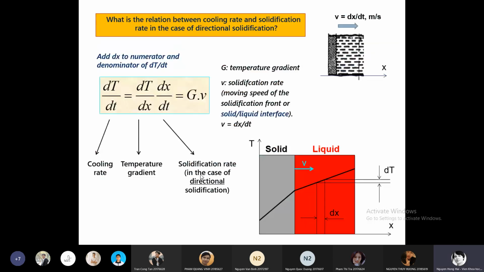From the heat equation, you can determine the cooling rate, a very important parameter, the solidification rate, and the temperature gradient. These are very important parameters of solidification processing, and you have to know them.